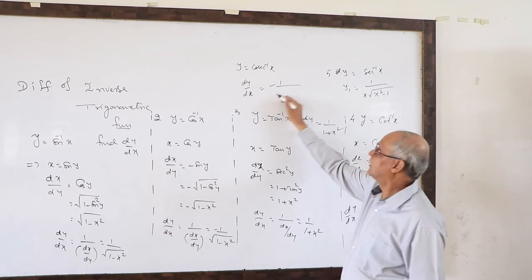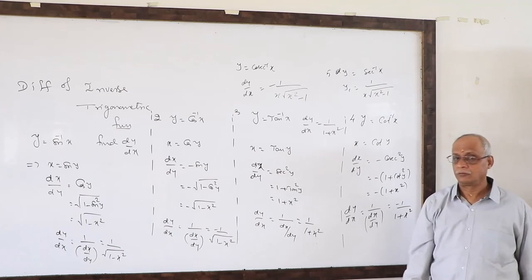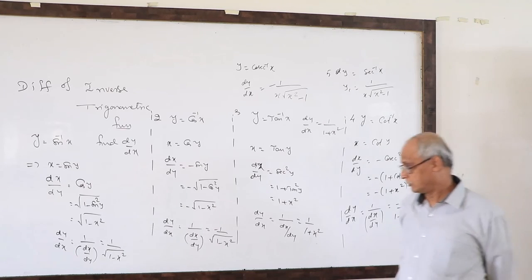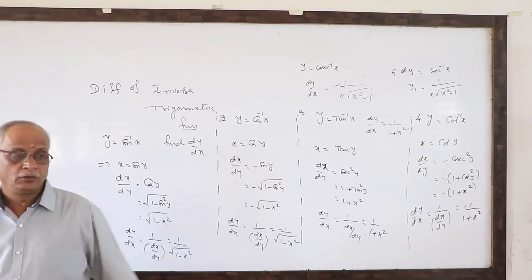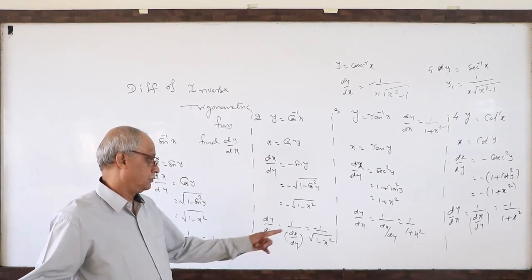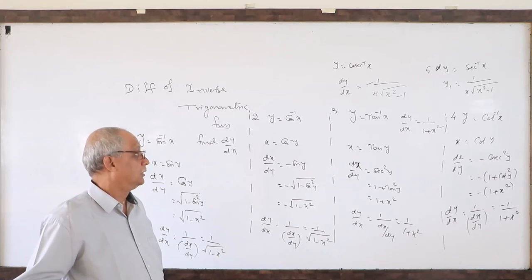Minus 1 by x root x square minus 1. Same procedure for all 6 functions. Sometimes you have some problems, some with positive, some with negative. How will you identify which one is negative?